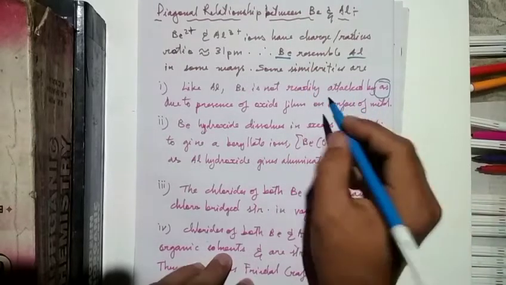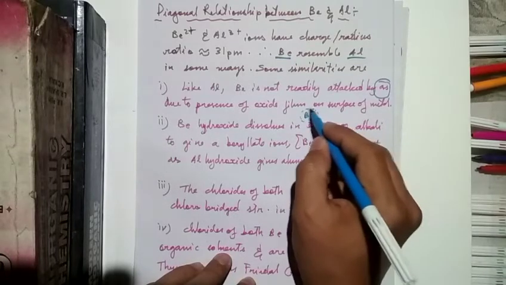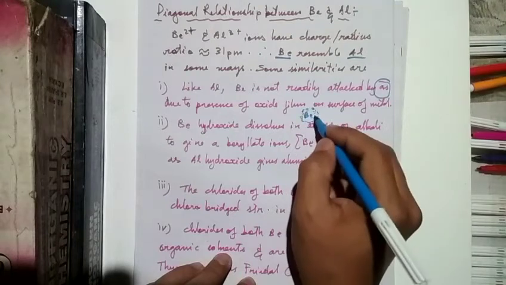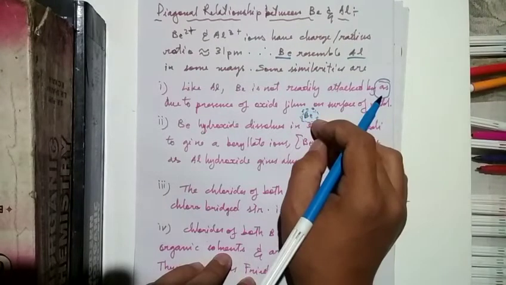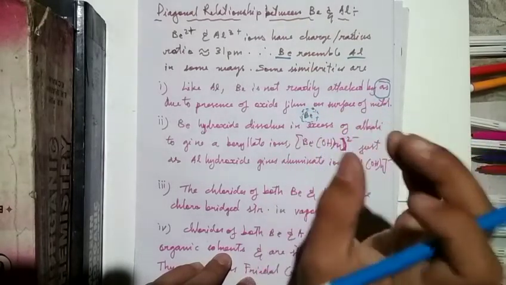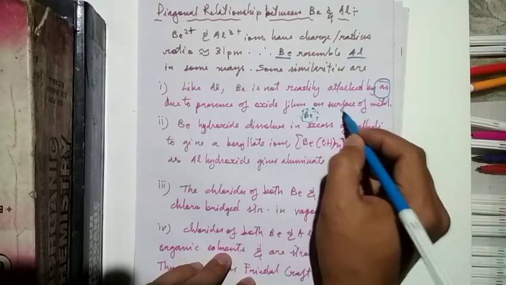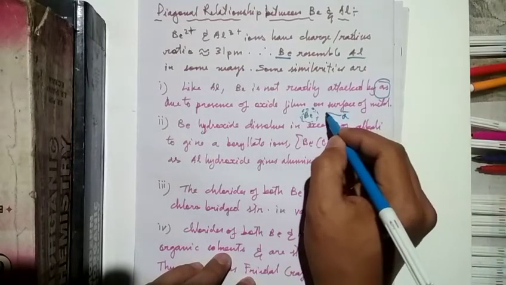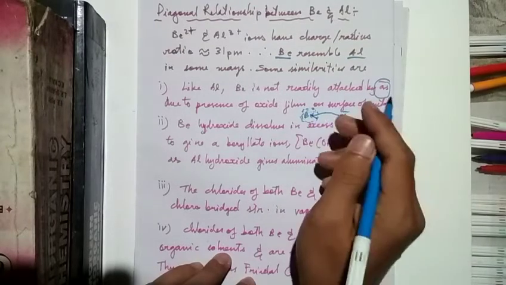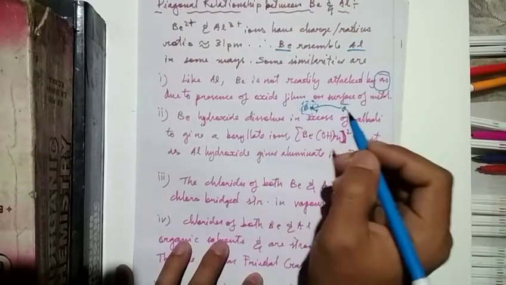This beryllium metal, in the presence of oxygen, forms an oxide layer, or film, and this film acts as a protective layer against the attack of acid. So any acids are unable to directly attack this beryllium because of this protective layer, and it takes time to attack this beryllium.